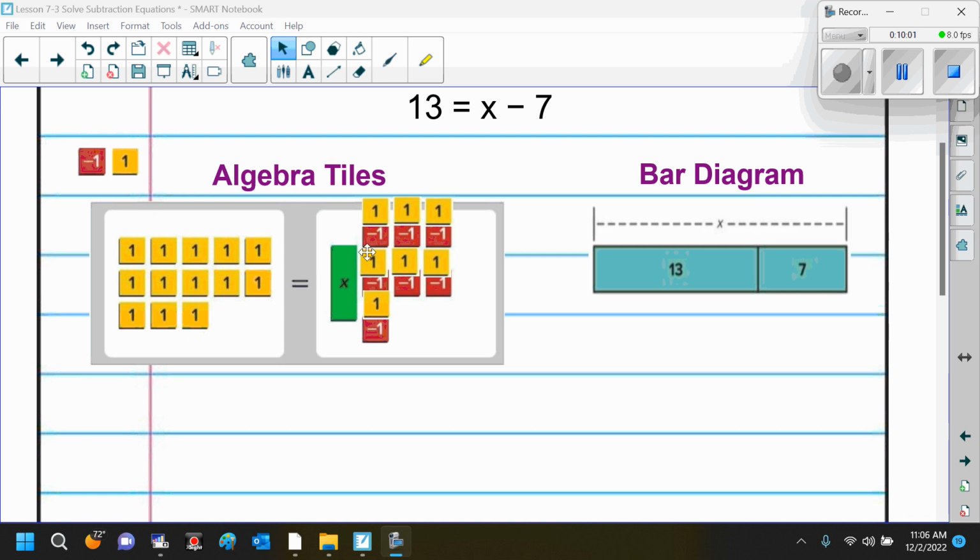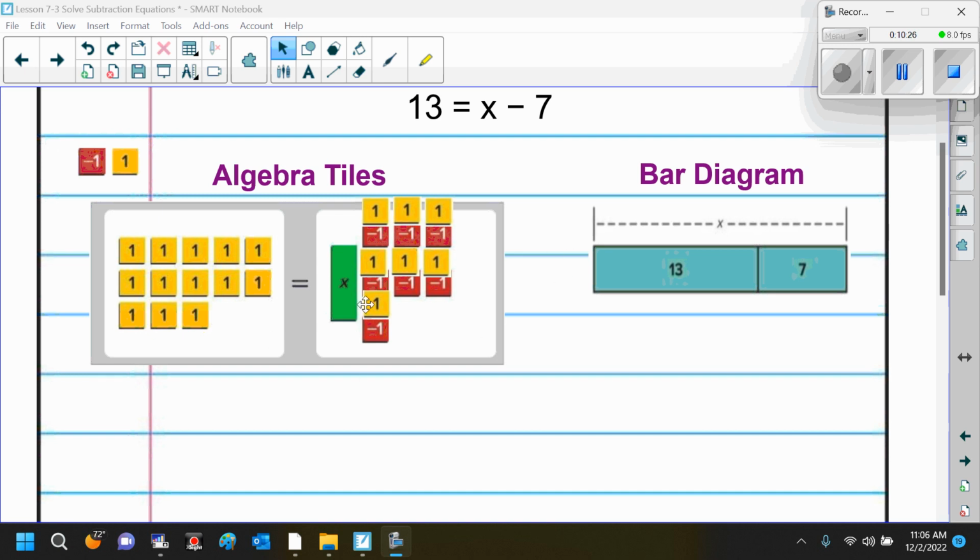Now we have 7 negatives and the opposite 7 positives. So all of these is equal to what? This is all equal to 0 because it all cancels out, right? But am I in balance? No, because I just added 7 positives over there. What do I have to do on the other side?